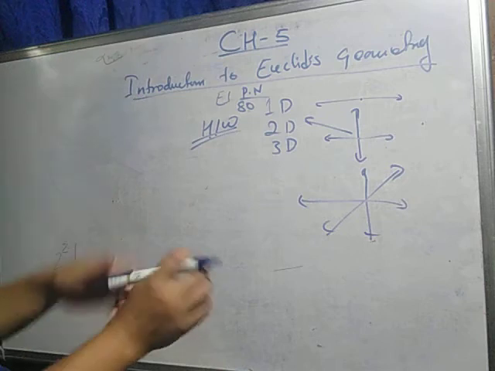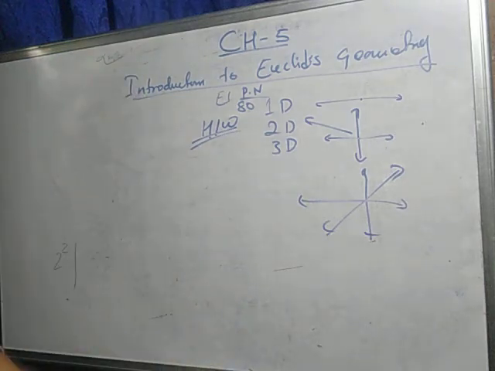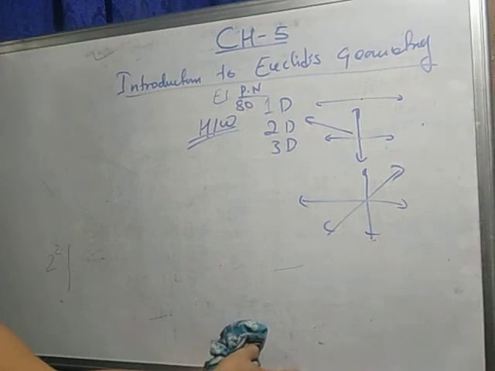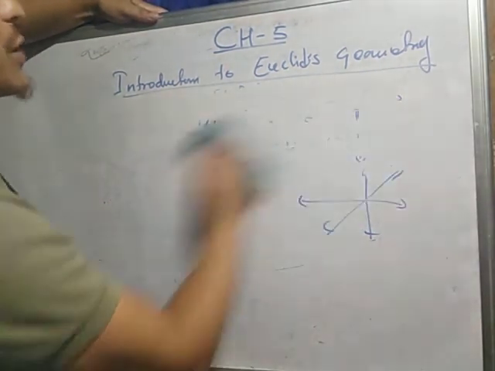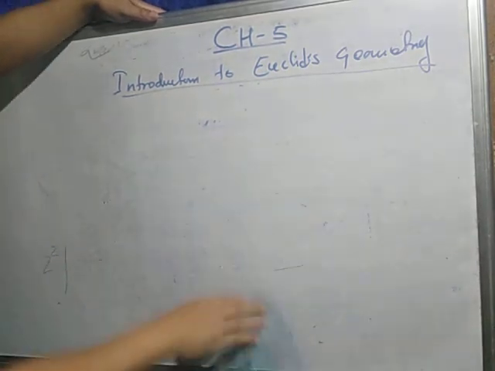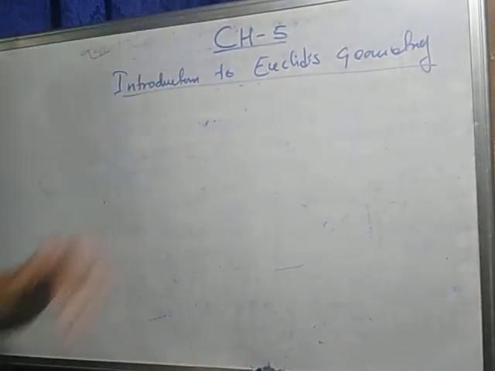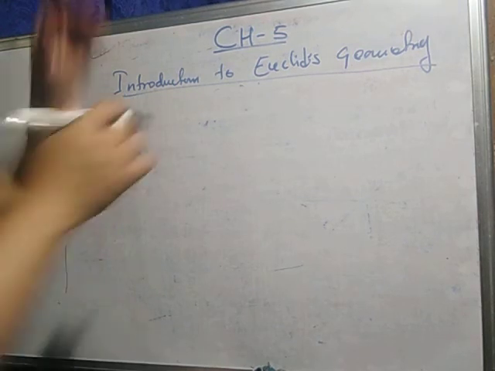Next we have Euclid's axioms. First I will tell you about these axioms and postulates, what they are and what they stand for. So first write down axiom.